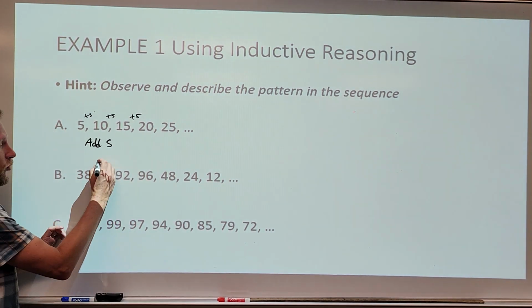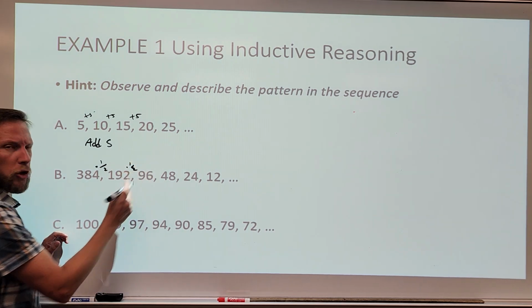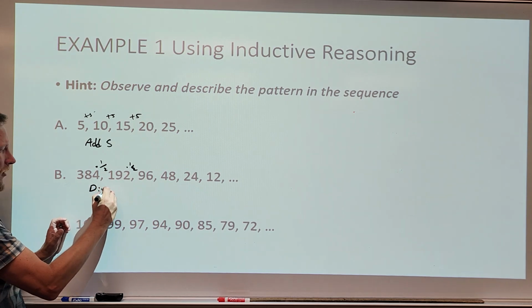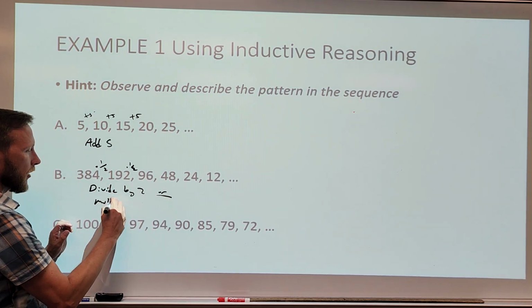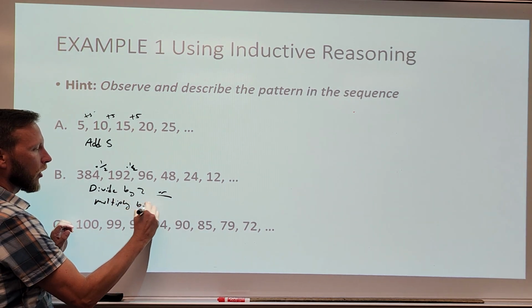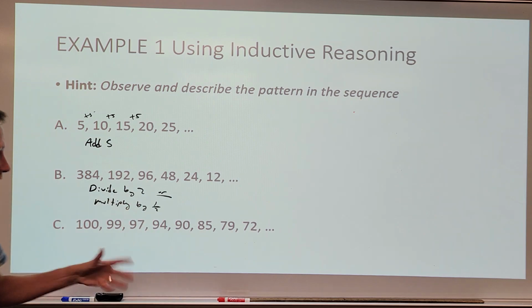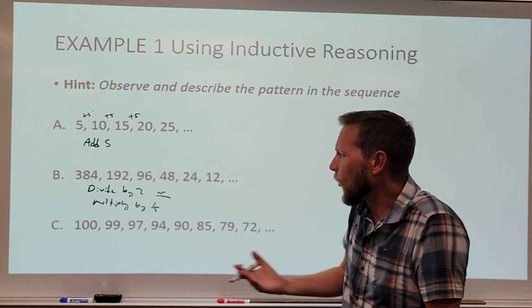But really what's happening is we're dividing by 2 or multiplying by 1/2. Multiplying by half and dividing by 2 are the same thing, right? So divide by 2, or multiply by 1/2. If you gave either of those answers, that would be an appropriate way to describe that. You would never have to double that description. Just give it one way or the other.